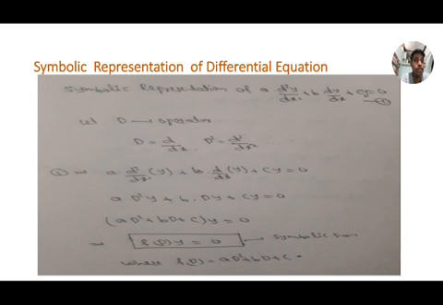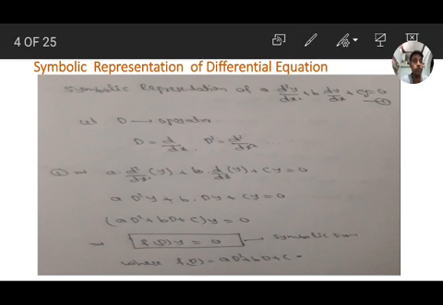Symbolic representation of differential equation. So how to write it in symbols? a d square y by dx square plus b dy by dx plus cy equal to 0 is the general form of a second order differential equation.